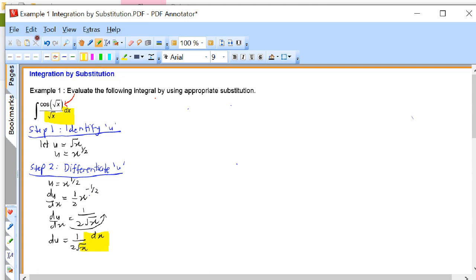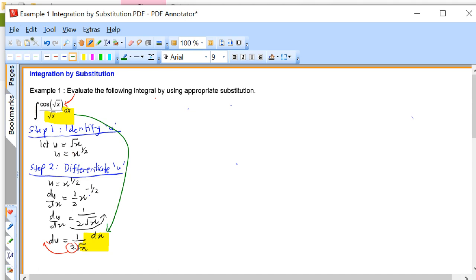So it means that the 2 here you should bring to the left hand side so that this du will suit the original one.